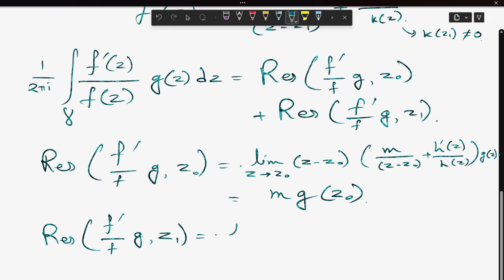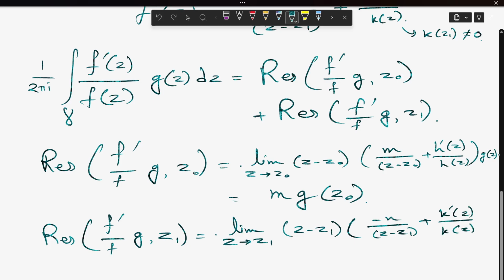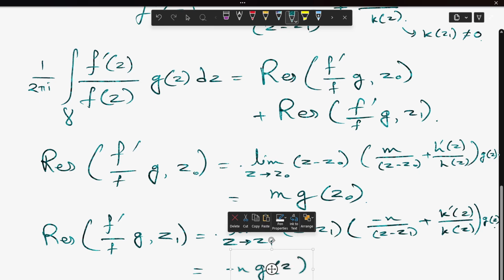We get the limit as z tends to z1 of z minus z1 into minus n by z minus z1 plus k dash z by k z, into g of z. From this we can just use the same method as in the first limit, so we get this, and that will be 1.